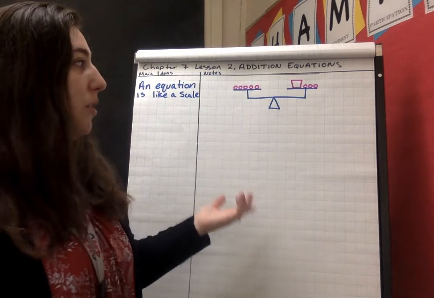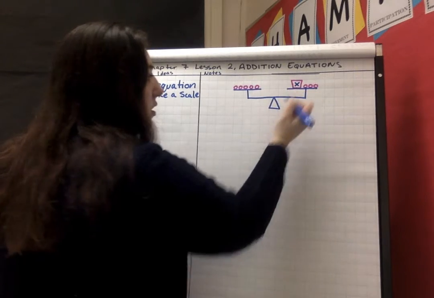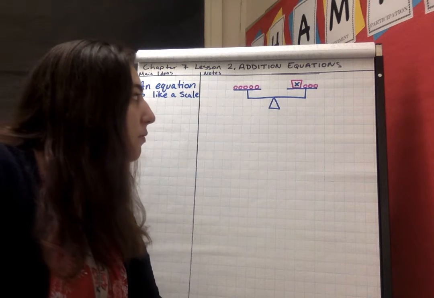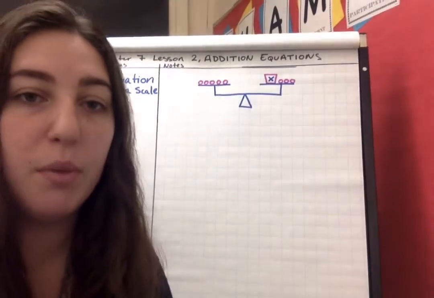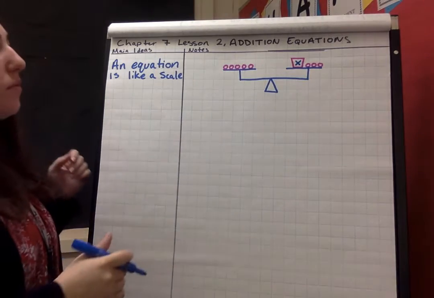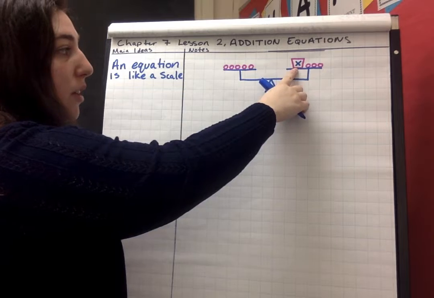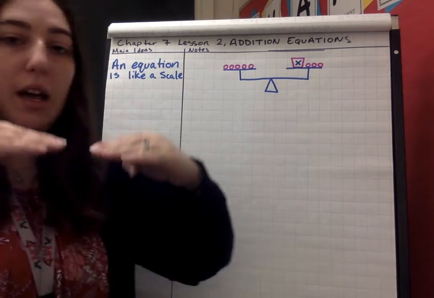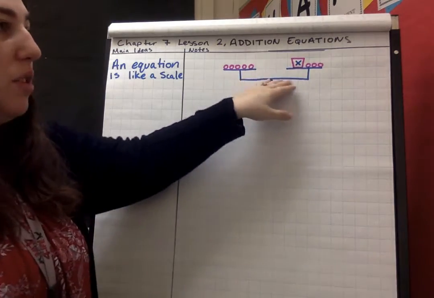Because we don't know, we're going to say that this cup is our variable x, okay? Because it's an unknown. And remember, that's what a variable is. It stands for an unknown number. Okay, hopefully you can see a little better. So right now we have 5 counters on this side, an unknown amount in this cup, and 3 counters. But if you notice, our scale is still balanced. So that means this equation is equal.